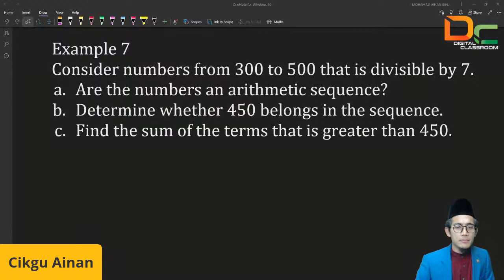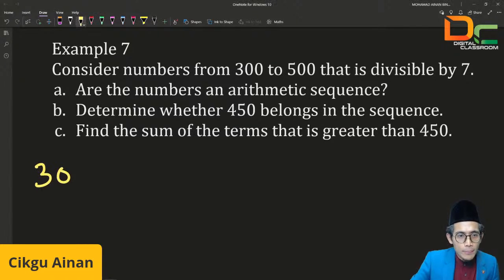Divisible is more or less the same thing as multiple. If a number is divisible by the number, then it's a multiple of the number. So, this one kita keluarkan jugalah. We list all the numbers. Tapi the first one tadi, the numbers start positive integer. It means starts from 0. This one starts from 300.